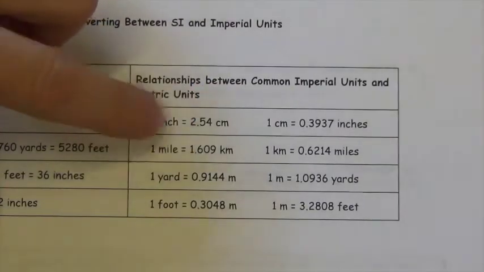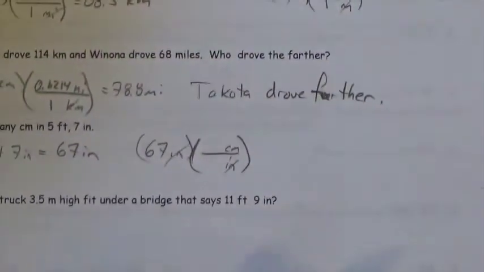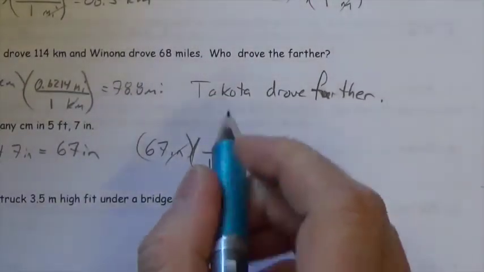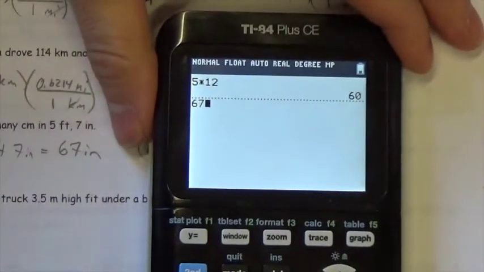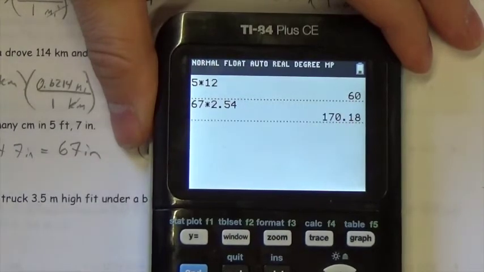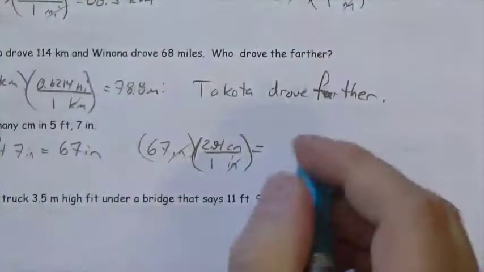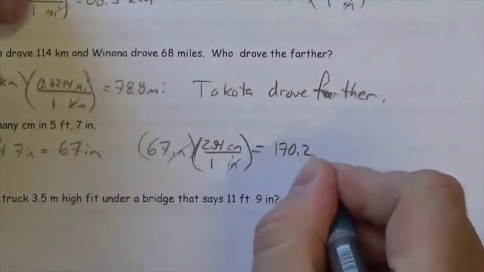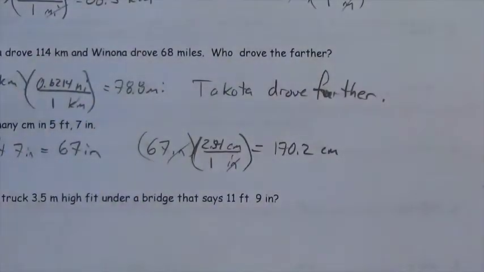I like that one because I have inches in the denominator and I want a 1 in the denominator if I can. It's just easier. So I multiply 67 by 2.54 and I get 170.2 centimeters. That is 5 foot 7 inches.